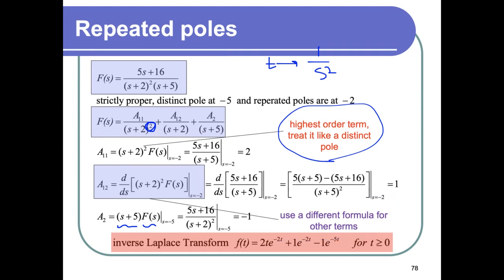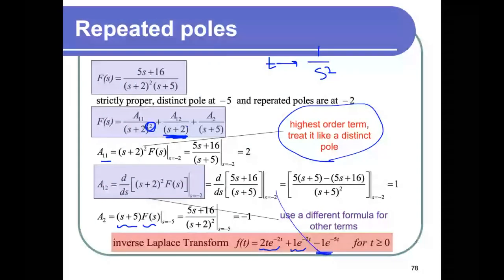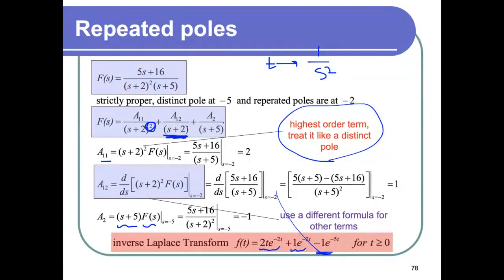The term that corresponds to the square will have a time component, so 2t e to the power of minus 2t. You'll have e to the power of minus 2t for this term because you're just multiplying, you don't have an exponent here. And then we will have minus 1 e to the power of minus 5t. The inverse Laplace transform is also different for repeated poles because you have a ramp now. You have multiplicity in the denominator. This is something else that we need to look into.